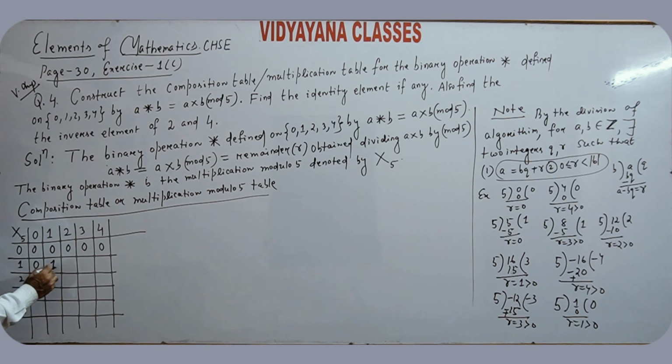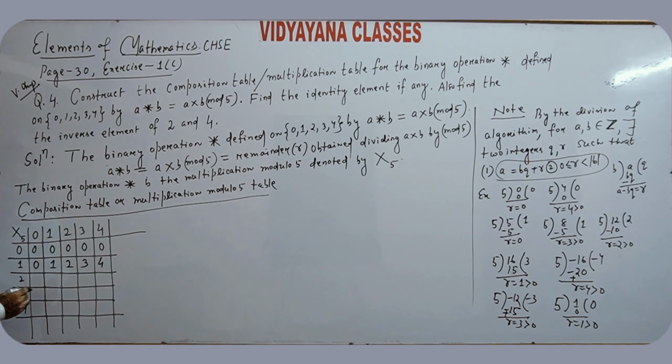That is 1. Similarly, 1 into 2, that is 2. 5 divides 2 gives the remainder 2. 1 into 3, that is 3. 5 divides 3 gives the remainder 3. 1 into 4, that is 4. 5 divides 4 gives the remainder 4.